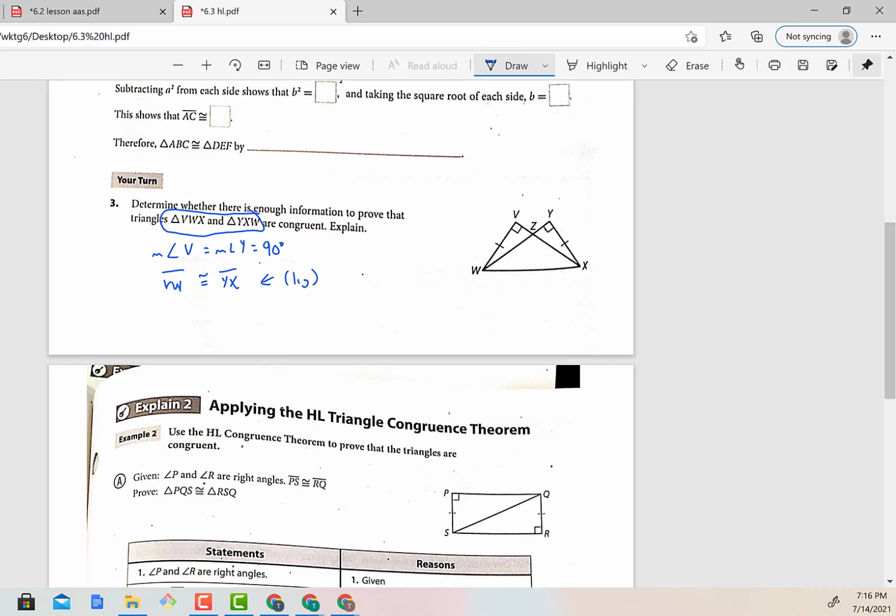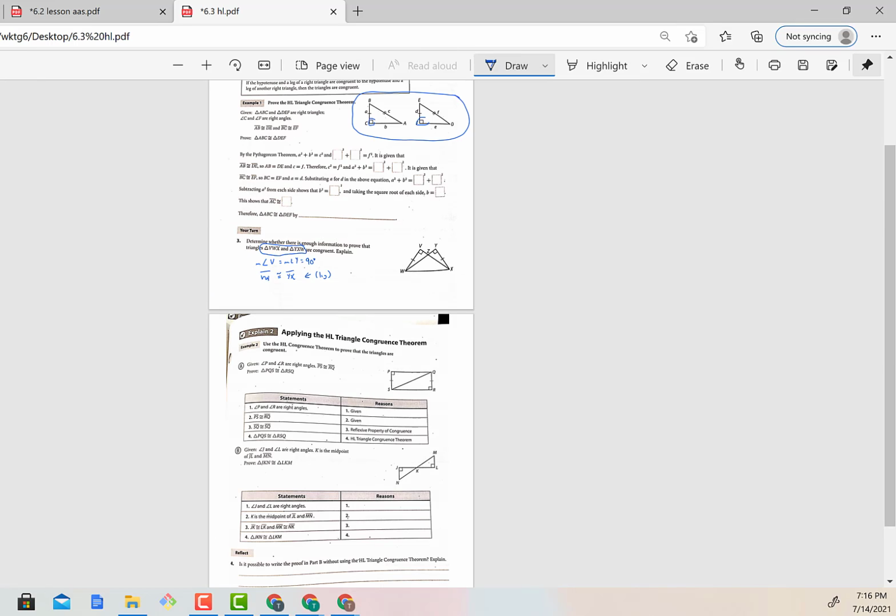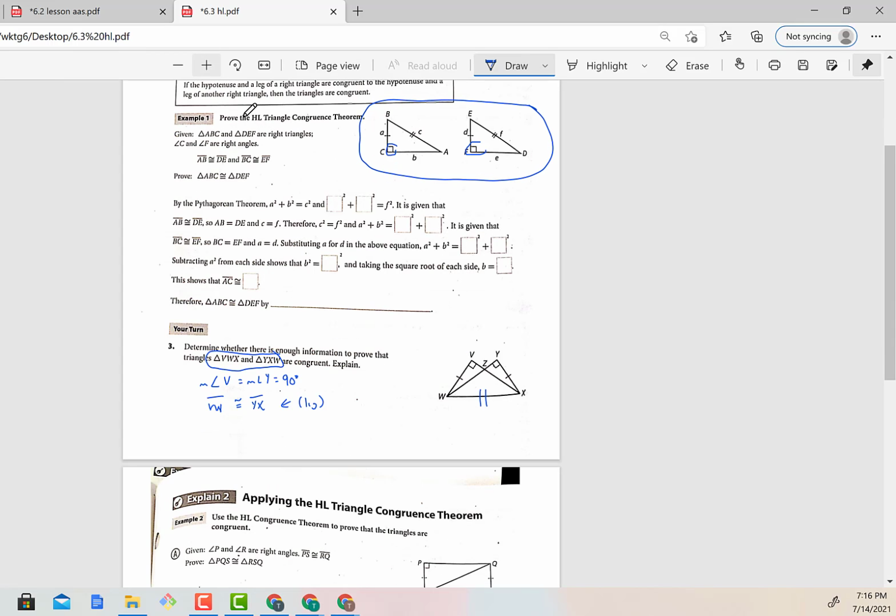All that's missing is the hypotenuse. Well, if you look really closely, the longest side of both of these triangles is the same side. That's side WX. They both have that segment in common.